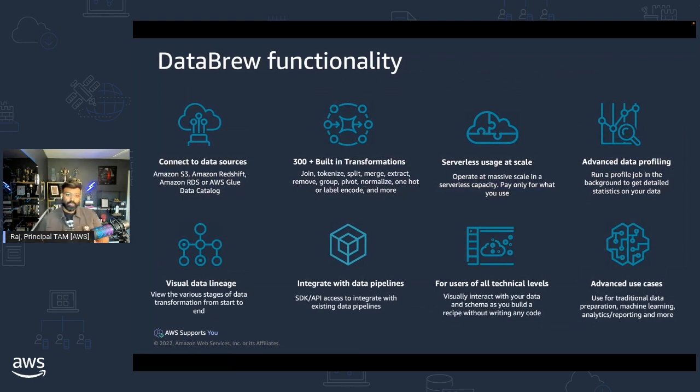Glue DataBrew auto-discovers the location, schema, and the runtime metrics of data from your AWS Glue data catalog. As I mentioned earlier, it is within the AWS Glue ecosystem. And it connects with your AWS data stores, and it provides an interactive interface to explore, combine, clean, and transform the raw data without writing any code.